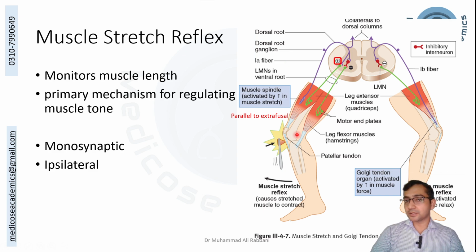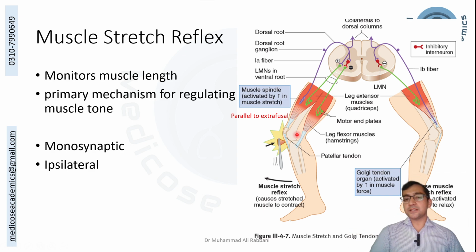It reaches the spinal cord. It exhibits a positive influence on the alpha motor neuron, the lower motor neuron. They influence the very same muscle, the extensor muscles, and that leads to contraction of that muscle, the muscle stretch reflex.